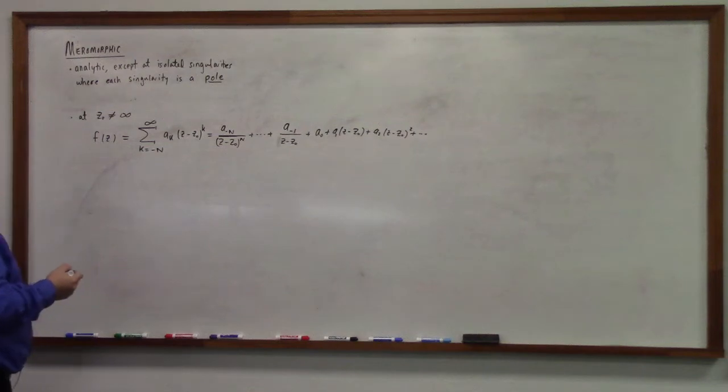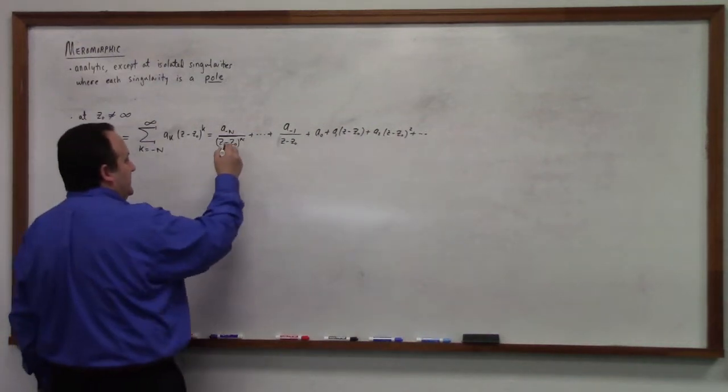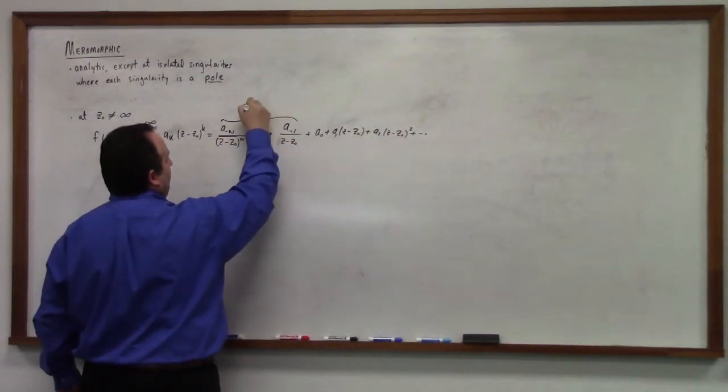So this is what it means for a function to be meromorphic at z naught not equal to infinity. It means that its Laurent expansion has finitely many reciprocal terms. And this is what we call the principal part.